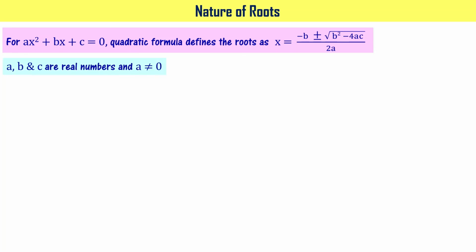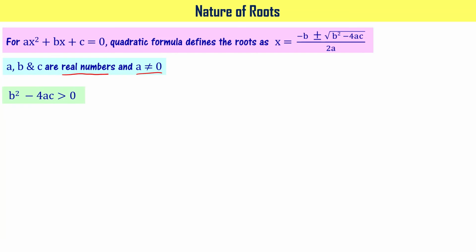Here, for ax square plus bx plus c equal to 0 to become a quadratic equation, a, b and c are to be real numbers and a shouldn't be equal to 0, right? This is the requirement we have learned in the early lectures on this topic.